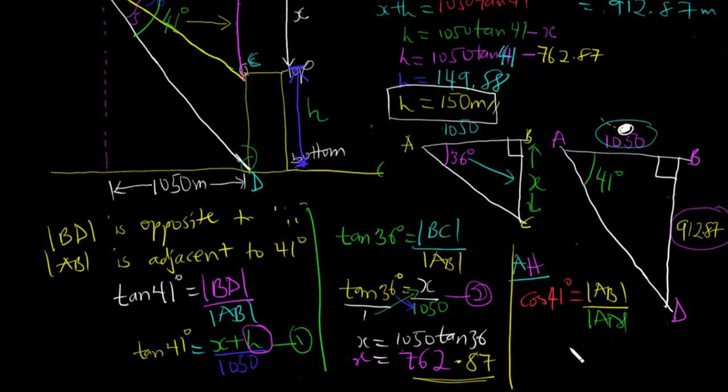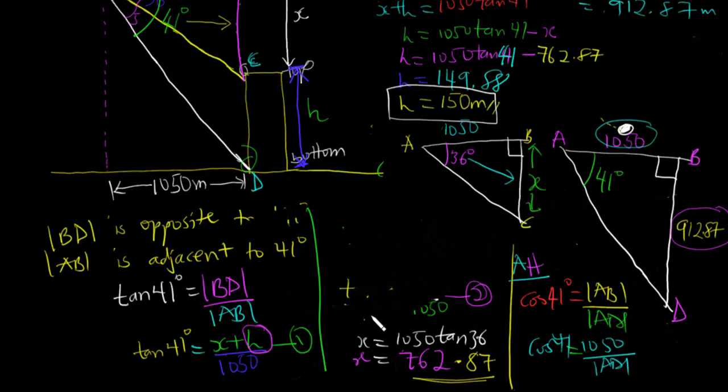Okay, so AB is 1050 meters, and AD is not known, so let me put AD still there, and cos 41 is here. So if I want to find AD, then I have to make AD the subject.